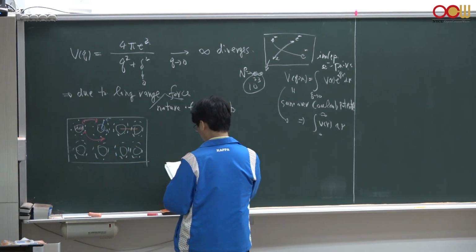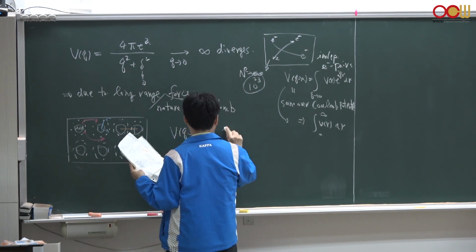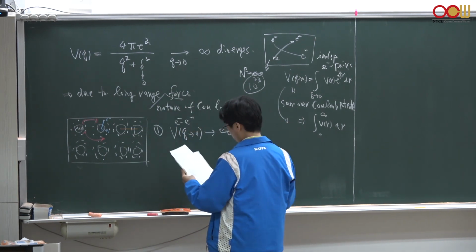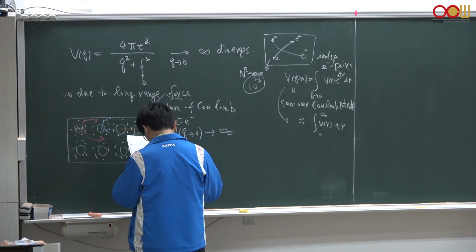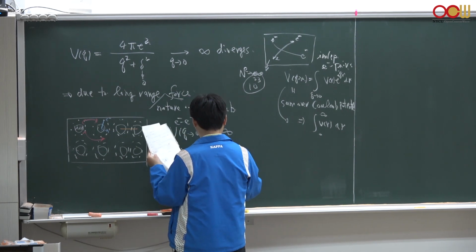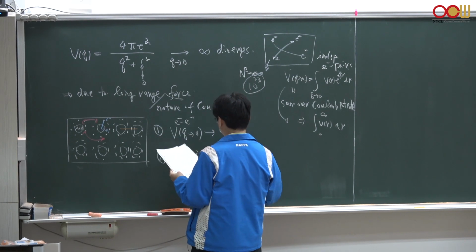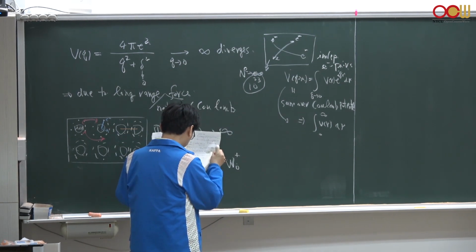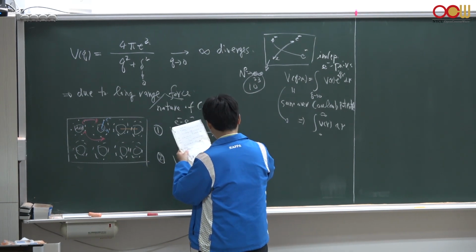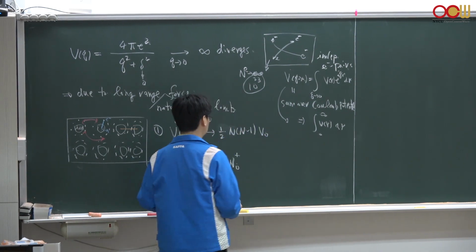So this is just V of Q goes to 0, which is infinity, between electrons. And you should also get ions with a similar form, which I call W0 plus. And remember, this is 1/2 of n times n minus 1, times V0.